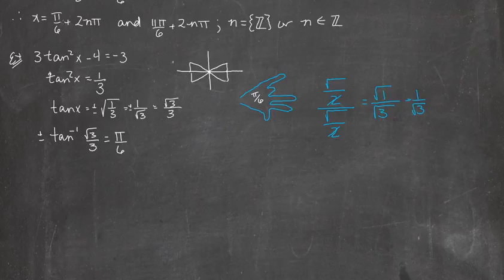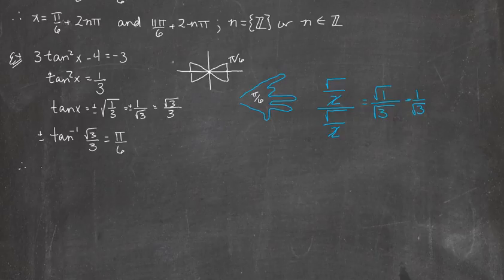Then we just have to figure out which ones. Well, we're looking for positive and negative, which means we're talking about all of them. So I probably didn't have to sketch them all out, but pi over 6, 5 pi over 6, 7 pi over 6, and 11 pi over 6. All of these angles would be either a positive or a negative value of root 3 over 3. So how do I say this?